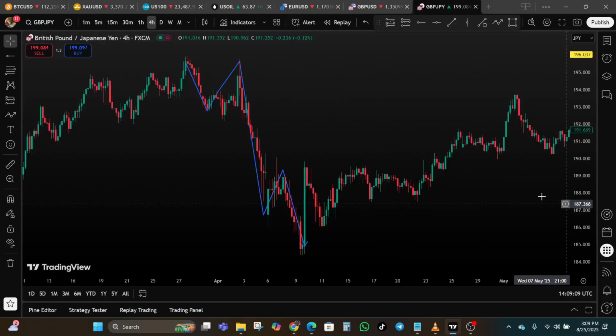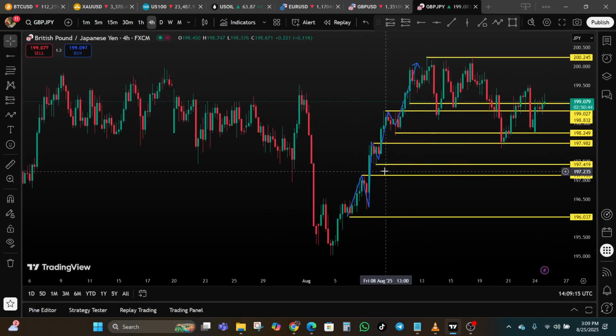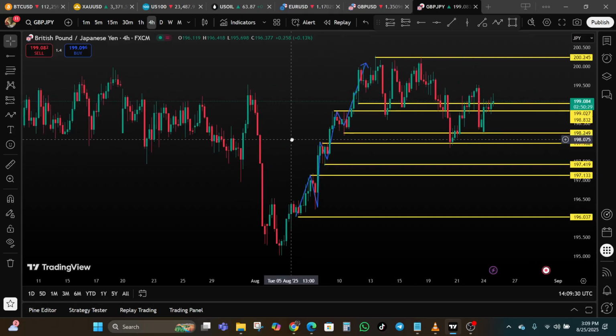So basically you're looking out for lower highs and lower lows in a bearish trend, and higher highs and higher lows in a bullish trend. You always want to trade in the direction of the trend. This structure makes it easier to understand the direction of the market without getting caught up in short-term fluctuations.